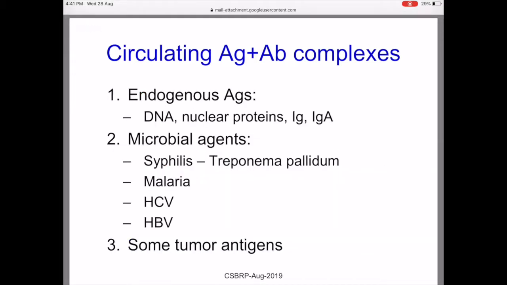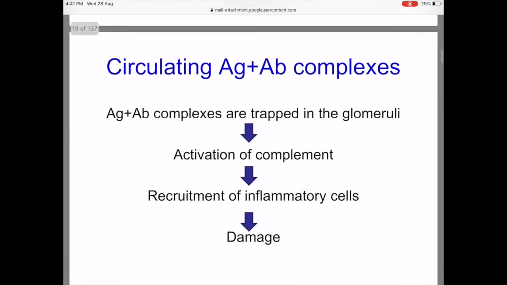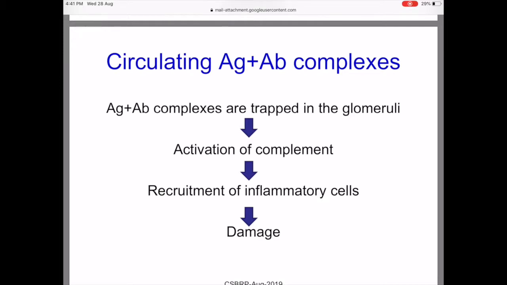Examples for circulating antigen and antibody complexes include endogenous antigens like DNA, nuclear proteins, immunoglobulins, and microbial antigens like Treponema which causes syphilis, malaria, and hepatitis C virus, B virus, and in the case of some tumors like renal cell carcinoma, the patient can have circulating immune complexes. As I told already, immune complexes have no specificity for the glomerulus, they just get entrapped in the glomerular filtration bed. Once they are in the filtration bed, they activate complement and recruit inflammatory cells and they cause damage.